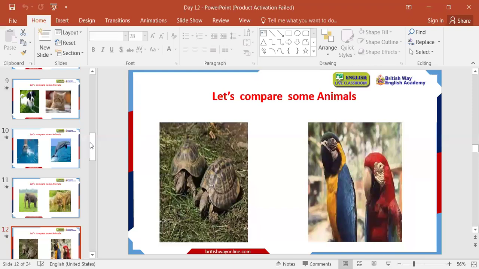Dogs are louder than cats. Cheetah is faster, bigger. The falcon flies faster than other birds.